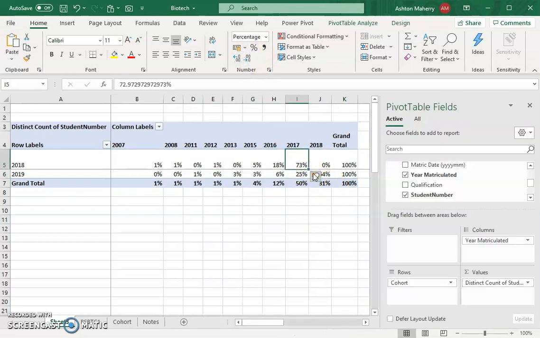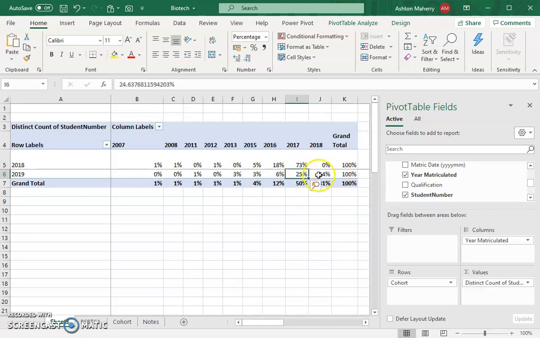So now it's telling us that of the 2018 cohort, 73% matriculated the year before, in 2017. However, from the 2019 cohort, only 64% matriculated the year before. And you can see then the profile, how it changes.